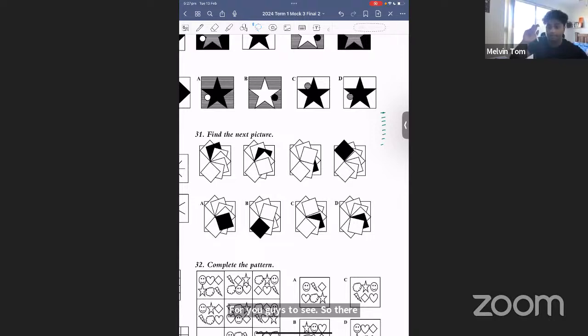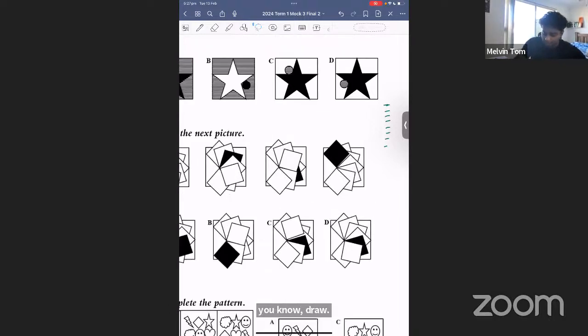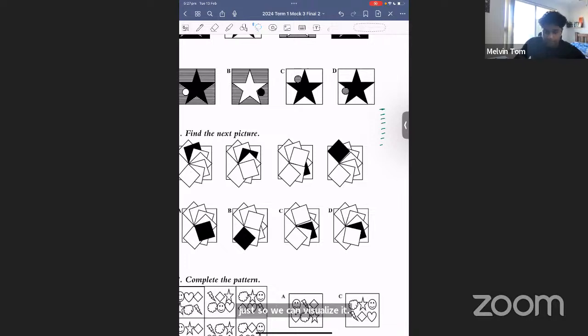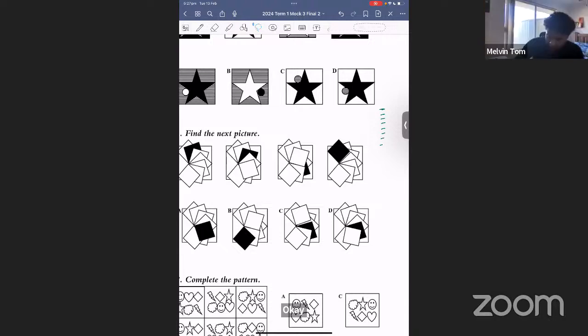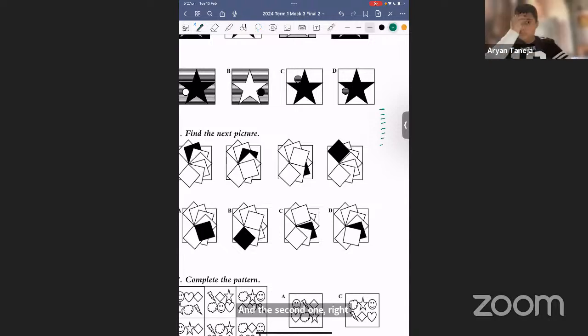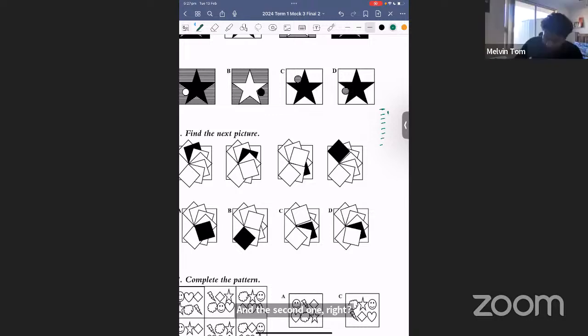This is a weird map. This is how I'm going to draw it, just so we can visualize it. Now, looking at the black, where does the black start off at? Which rung of the ladder? In the second one, right? Yeah. And it goes to the third. And where does it go next? 4.